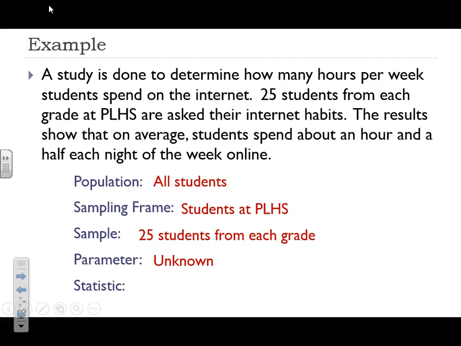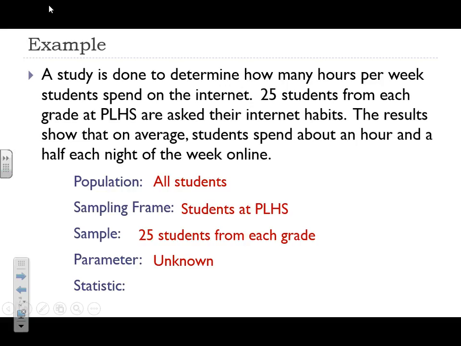But our statistic, so that's the value we calculated from our sample, would be what? One and a half hours. Now, be careful with this. 1.5 times 14? Or is it just 1 week? Just the 1 week, right? So notice, we want how many hours per week students spend online.